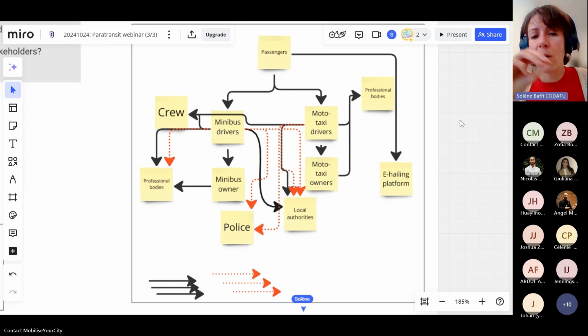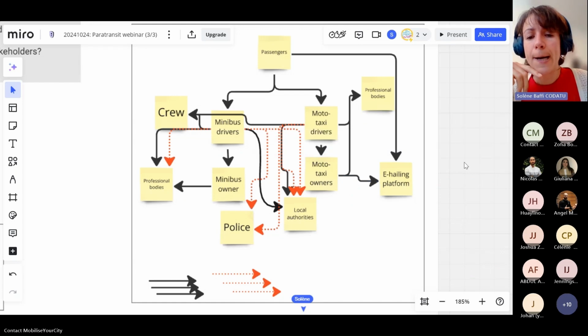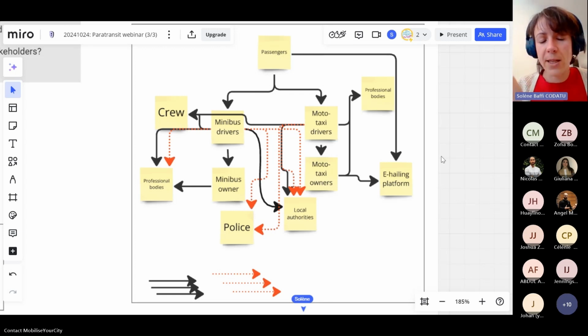So there is a stream of revenue that is being generated lately, and the same applies to the drivers, who then become dependent on these new platforms. This is mostly the case for motor taxi owners that will either subscribe to the platform or depend on these types of services to access passengers. So this is a new type of connection that we can see emerging in the paratransit ecosystem.